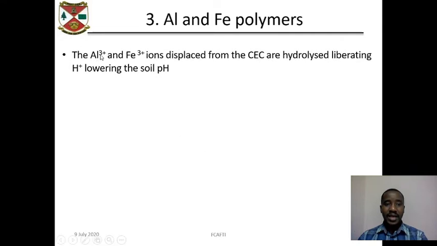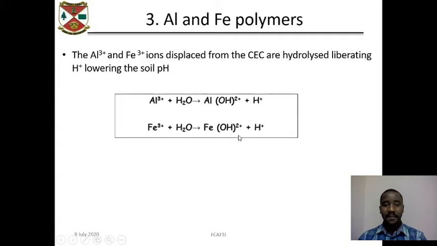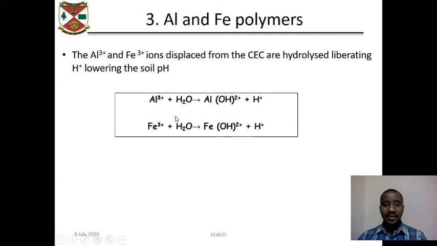Now the third one is aluminium and iron polymers. The aluminium and iron ions displaced from the cation exchange capacity are hydrolyzed, liberating the hydrogen ion. Liberating means releasing the hydrogen ion, and this hydrogen ion will lower the soil's pH. And these two chemical reactions explain what is being said.